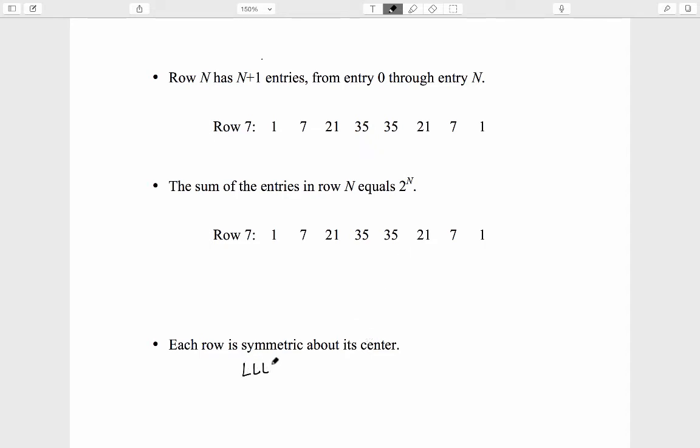If you wrote down all the words, for example, that have 5 L's and 2 R's, and then you wrote down as a mirror image, so to speak, the corresponding words where there are 5 R's and 2 L's, you would see that for every word with 5 L's and 2 R's, there is exactly one corresponding word with 5 R's and 2 L's. So just as these words can be mirror images of one another, the number of such words should be equal.